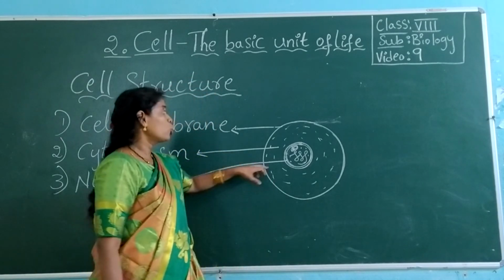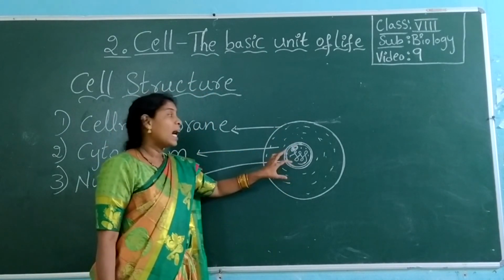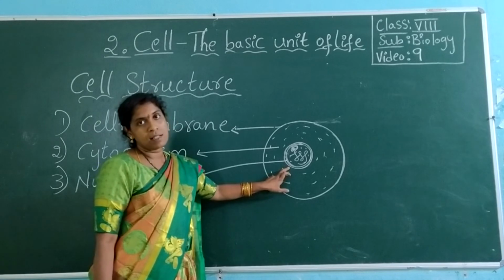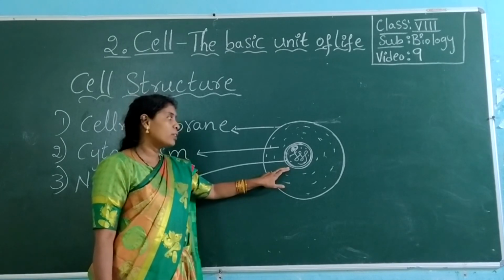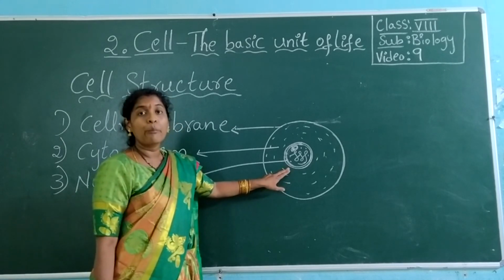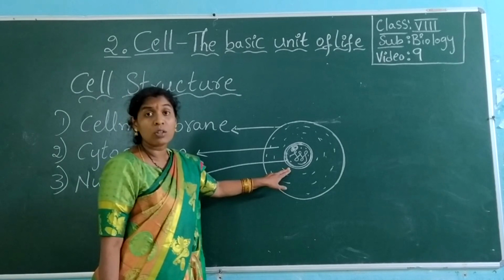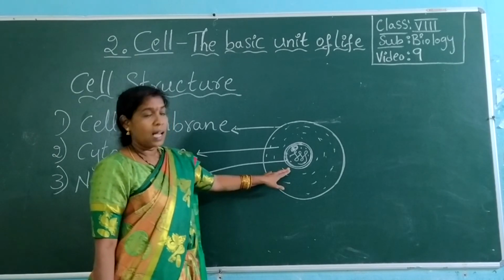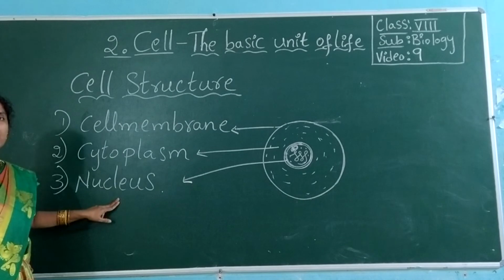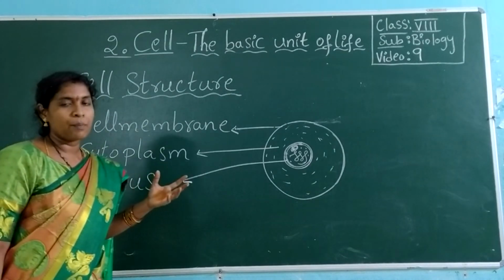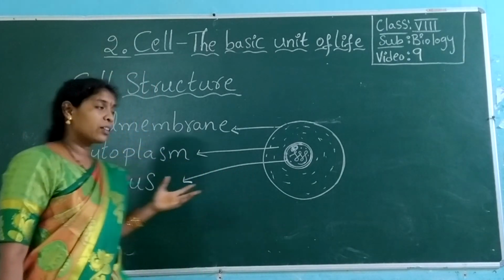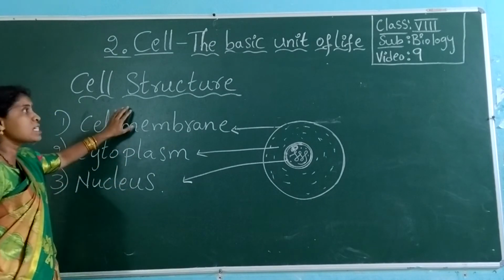Like that, the total cell is under the control of the nucleus, so this nucleus is also known as the brain of the cell. And this nucleus is commonly present in all cells on the earth. So these are the three common parts present in the cell structure.